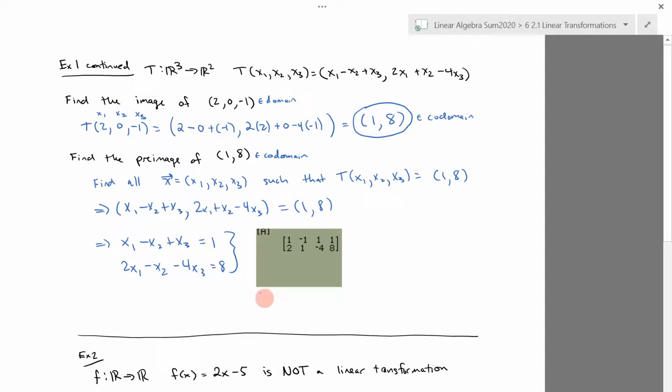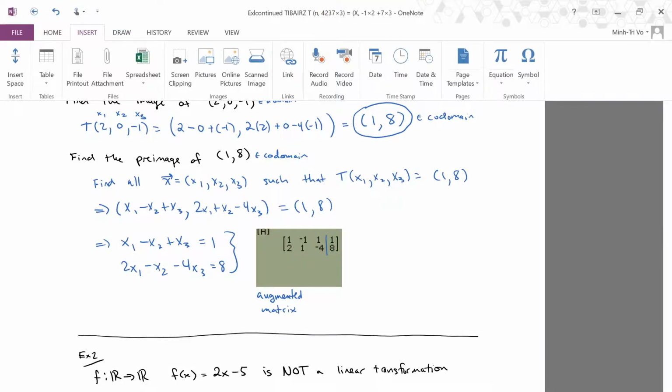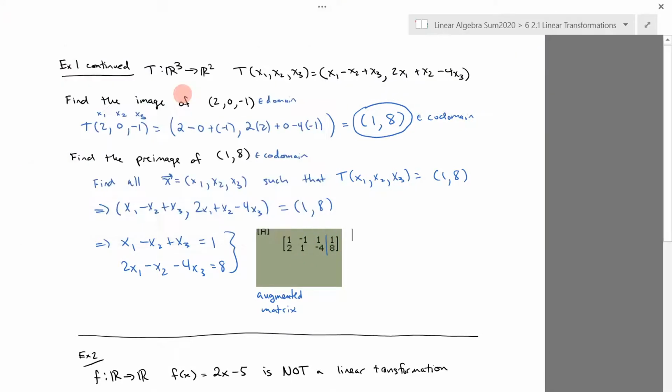Right, so this is the augmented matrix. And then, to solve this, we look at the row reduced echelon form, which calculates to exactly this.